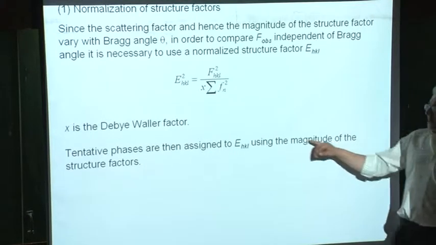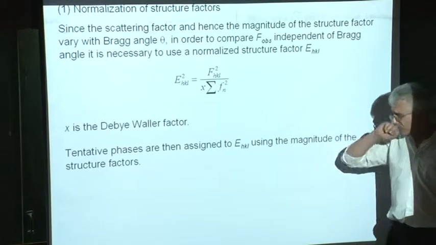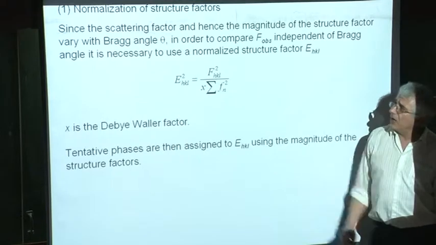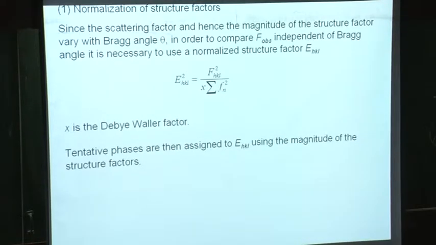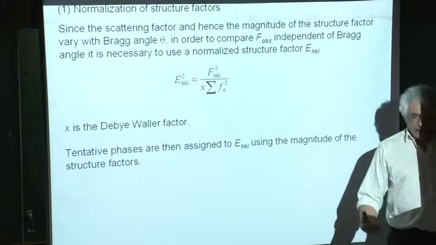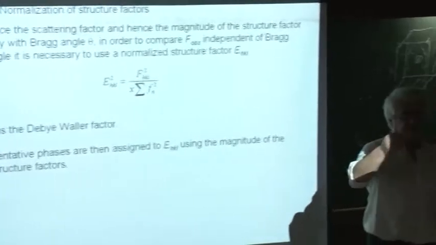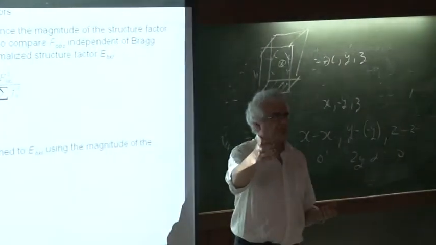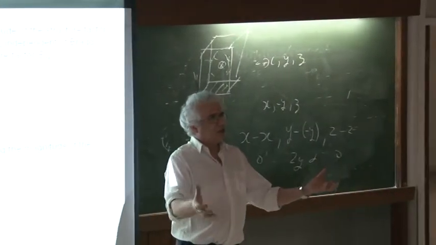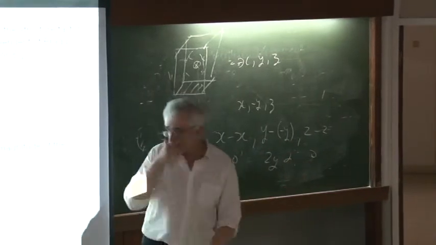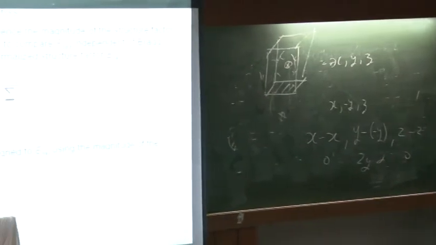We then assign tentative phases to these normalized structure factors using the magnitude of the structure factor. Now, how do you do that? We're saying that the big structure factors, the ones that have a lot of magnitude, how do we determine a phase for them? Well, let me show you now.